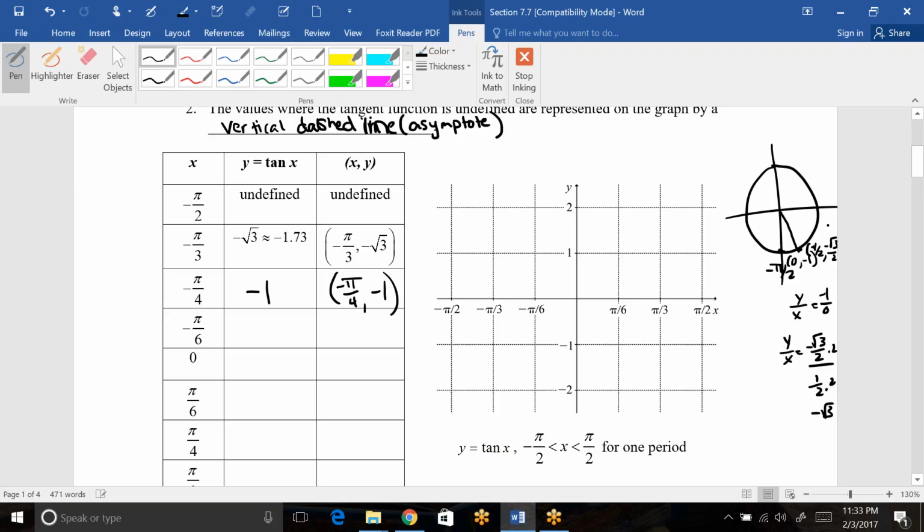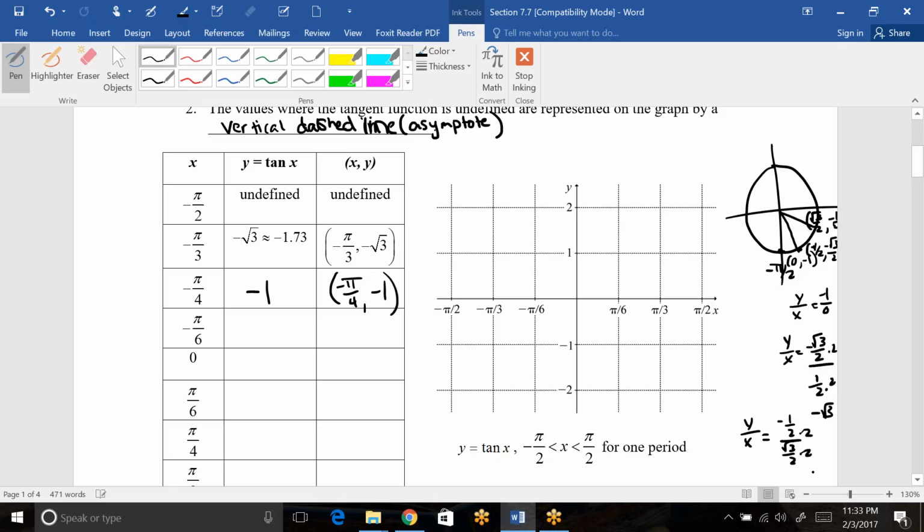The reason it's negative is because in this quadrant down here, your x's are positive and your y's are negative. Negative pi over 6 is, remember, a 30-degree angle down from the x-axis right here. And that's the reverse of this one, so it's (square root of 3 over 2, -1/2). If you turn that into y over x, that is negative 1/2 over square root of 3 over 2.